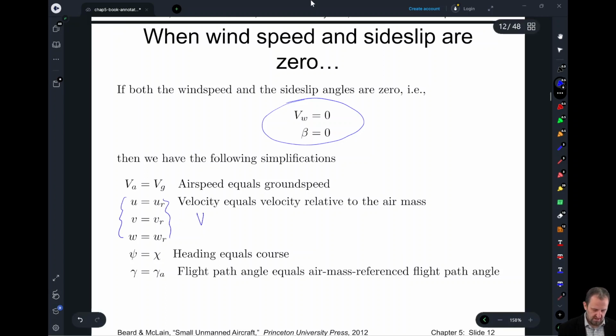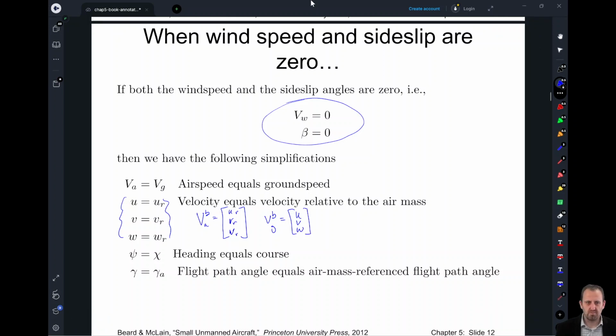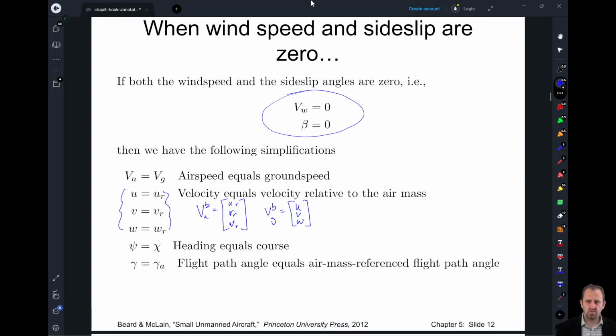We had that VAB was equal to ur, vr, and wr, and we had VG in the body frame equal to u, v, w. So we've really only swapped the sides. Another condition that holds is that our heading angle is equal to our course angle, and also that our flight path angle is equal to the air mass reference flight path angle. These are all the simplifications we're going to use when developing these trim trajectories.